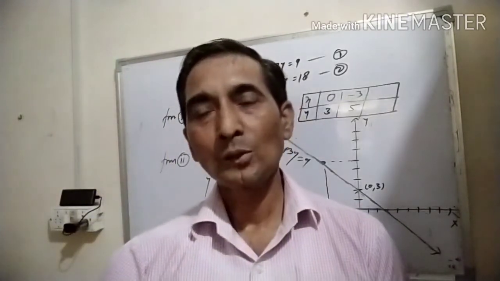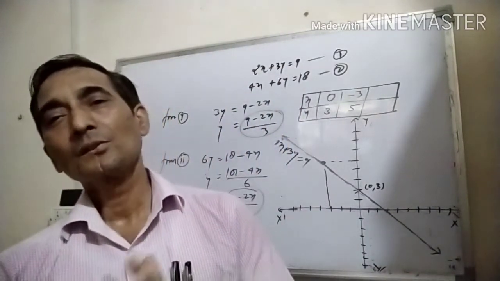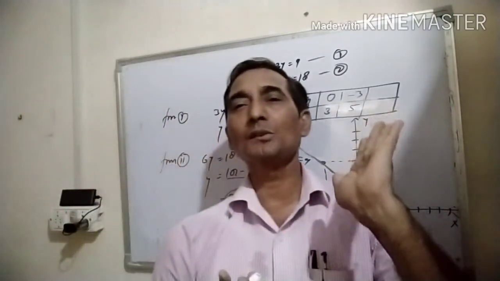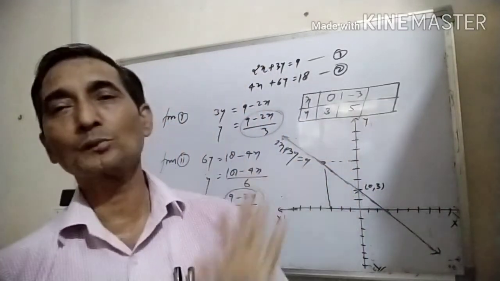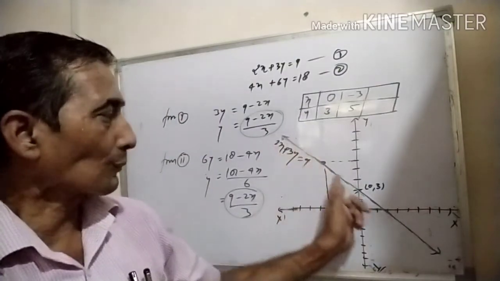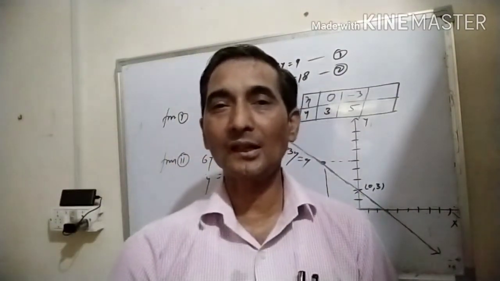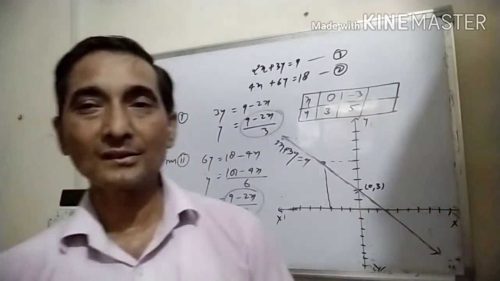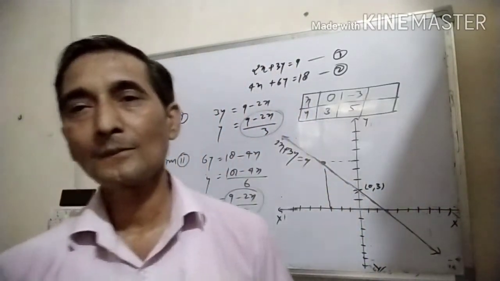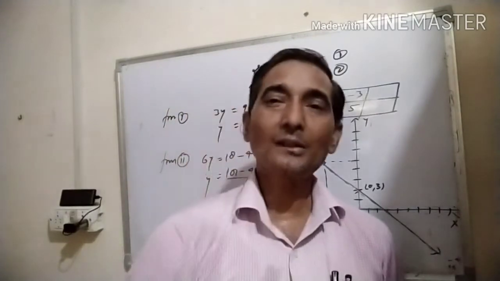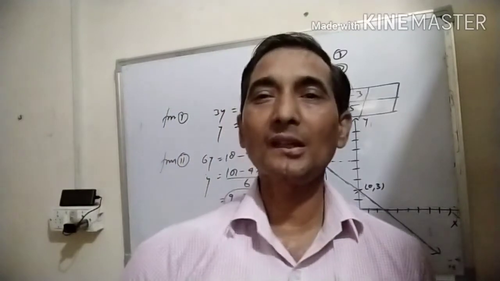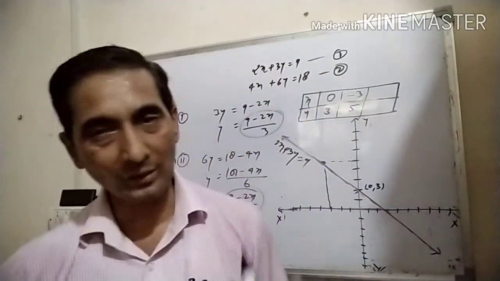So infinitely many solutions are possible for these two equations, because infinitely many points lie on the straight line, and every point on this line is a solution. So when two straight lines coincide with each other, they have infinitely many solutions, right?